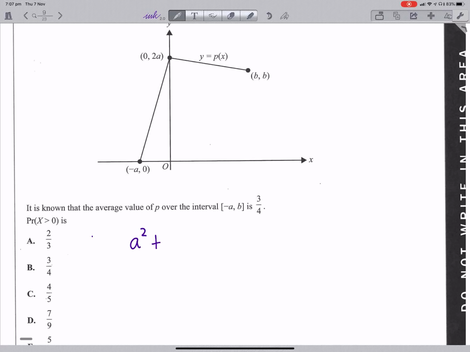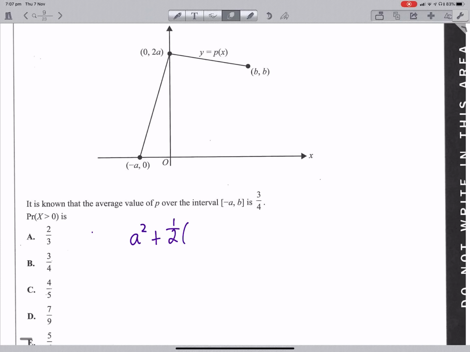I did. So a half A plus 2A plus B times B. I forgot to multiply that by B. Okay, so I've got A squared plus AB plus B squared on 2.